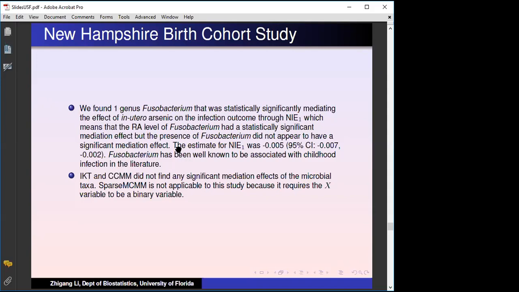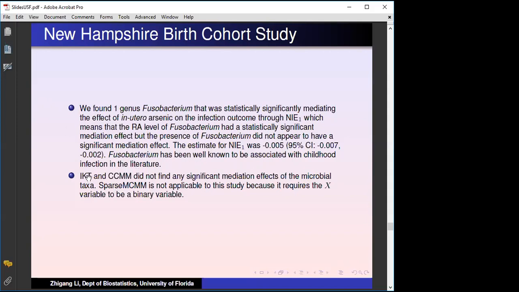So with the arsenic level increase, it will decrease the relative abundance of this bacteria, such that it will decrease the total number of infections of the children. That could be one possible interpretation for this finding. And this taxon Fusobacterium has been well established in the literature to be associated with childhood infection.